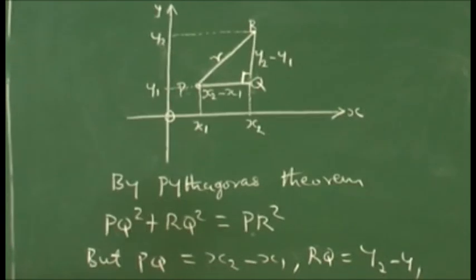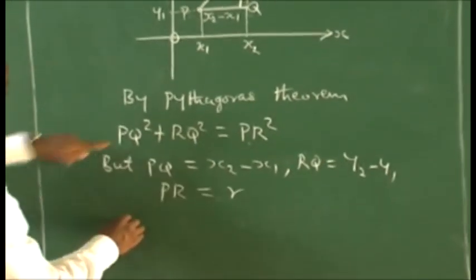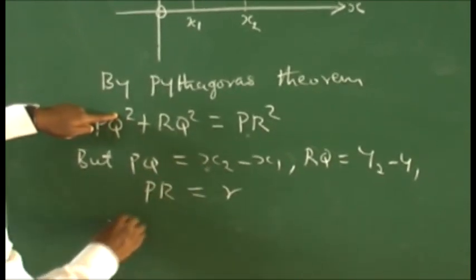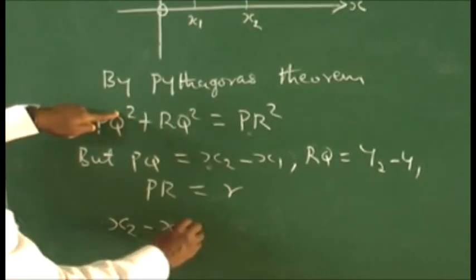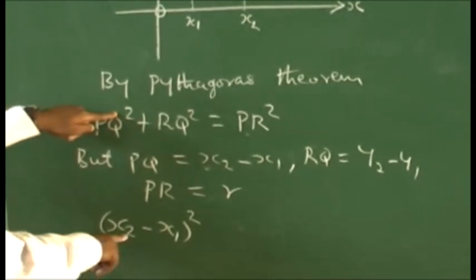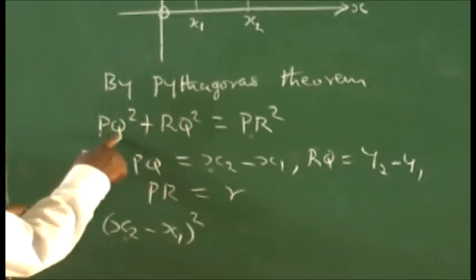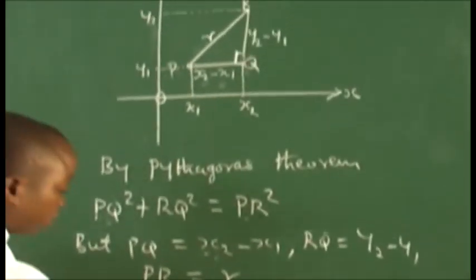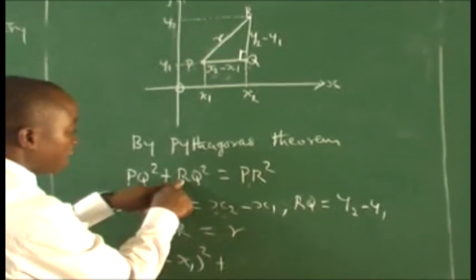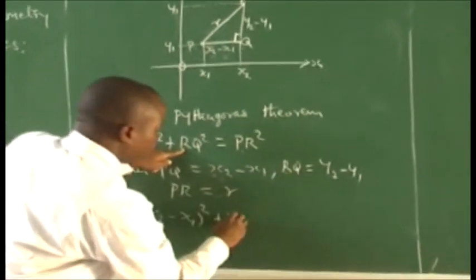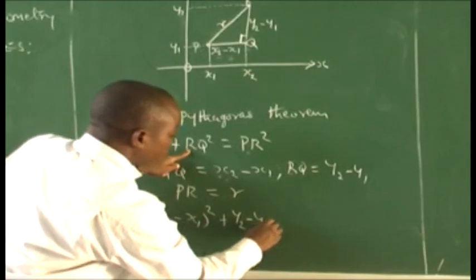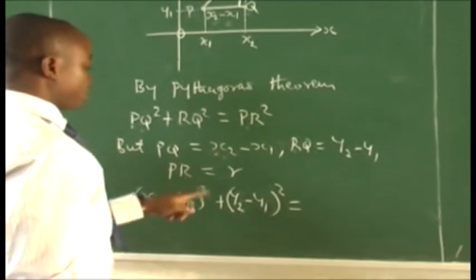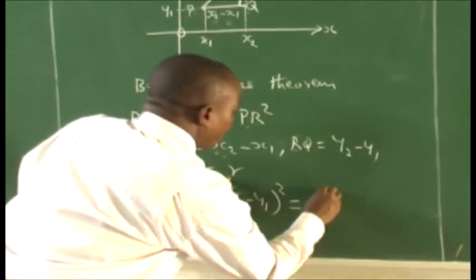We can then write it this way, that PQ squared, which is x2 minus x1 squared, plus RQ squared, which is y2 minus y1 squared, will be equal to PR squared. And what is PR? PR is r, so we have r squared.